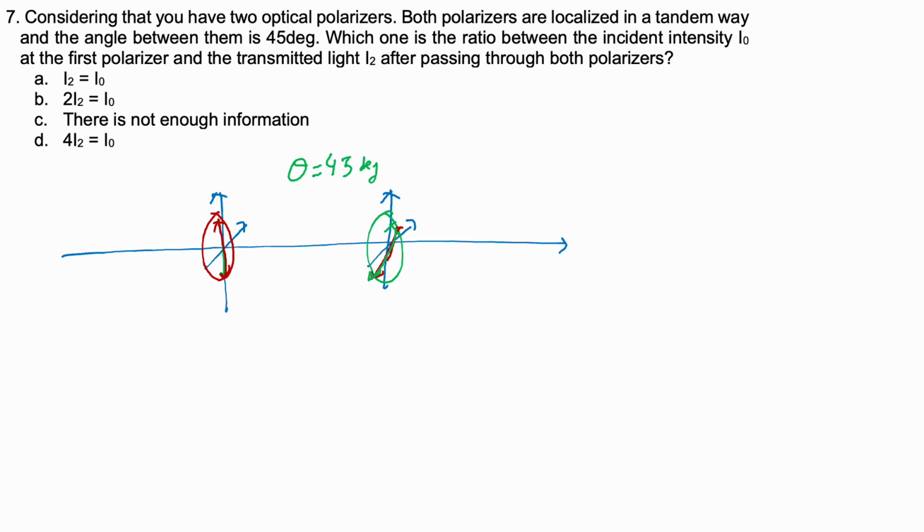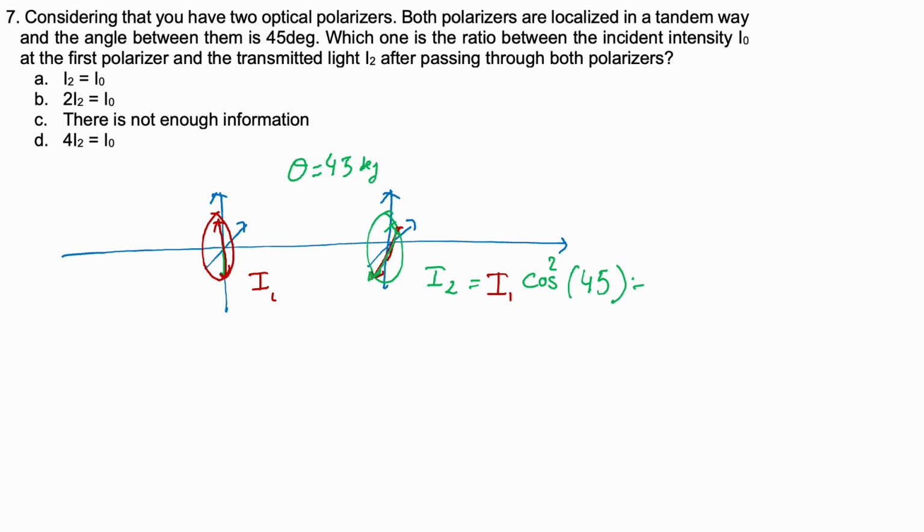So we have some output intensity I1, and after the second polarizer we're going to have I2, where we can apply Malus's law to say that it's going to be I1, the input intensity, times cosine squared of the angle between both of them.